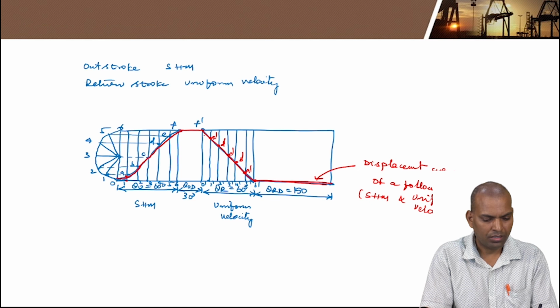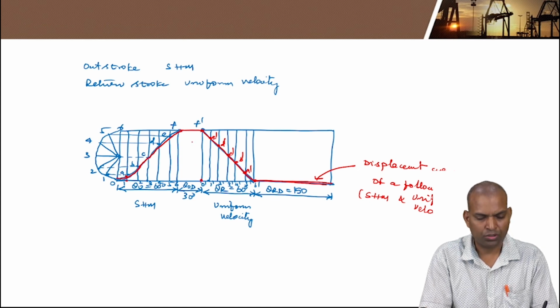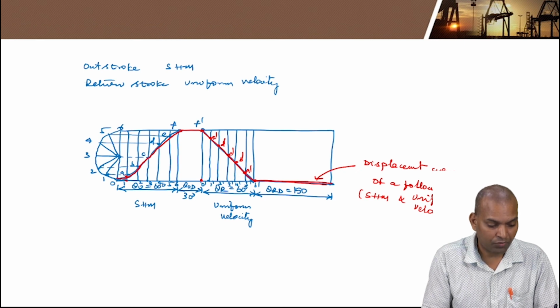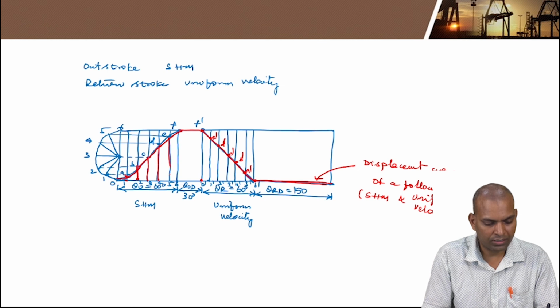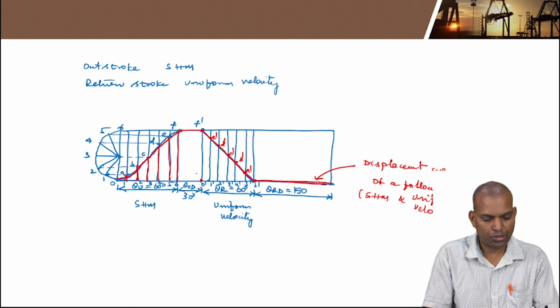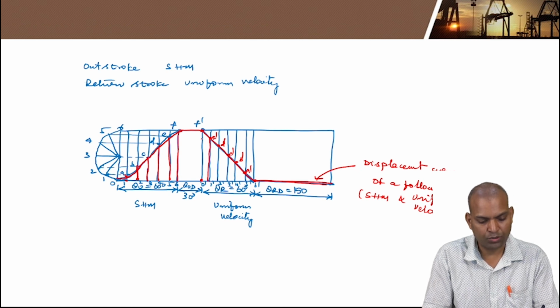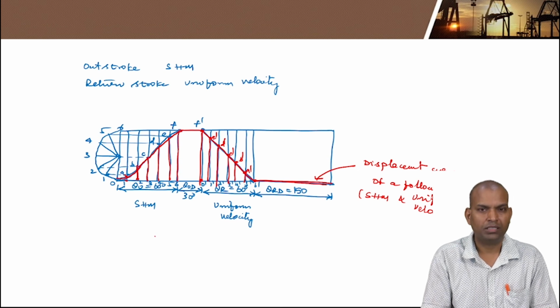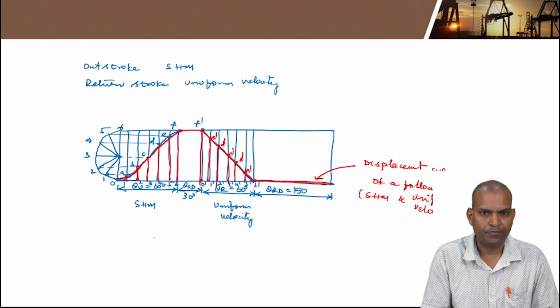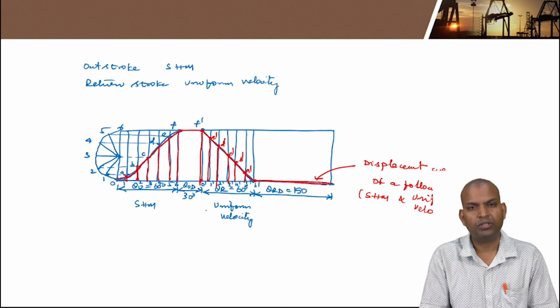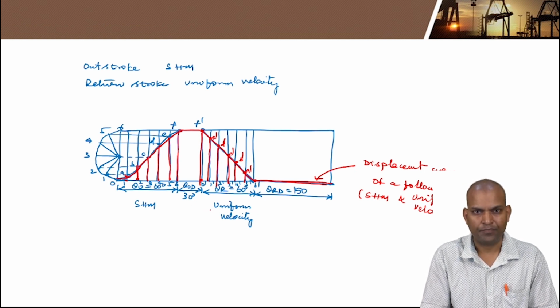So these are the vertical distances, 0 to F dash during return stroke. During outstroke you consider 1 to A, 2 to B, 3 to C, D, like that, these distances. And for return stroke you consider 0 dash to F dash, 1 dash to E dash. These points, vertical distances, you have to consider and mark on the tangential lines from the offset circle. And these are the points where the follower is in contact with the cam.